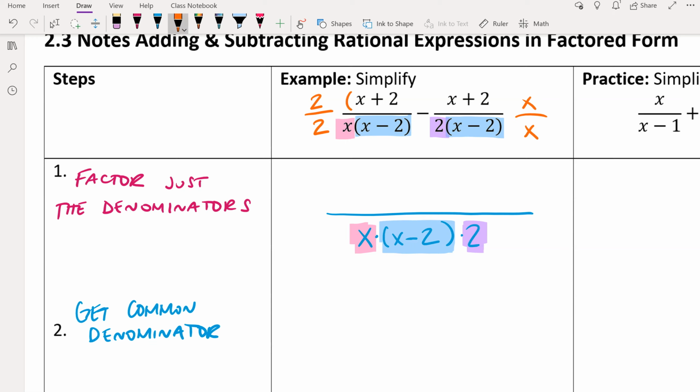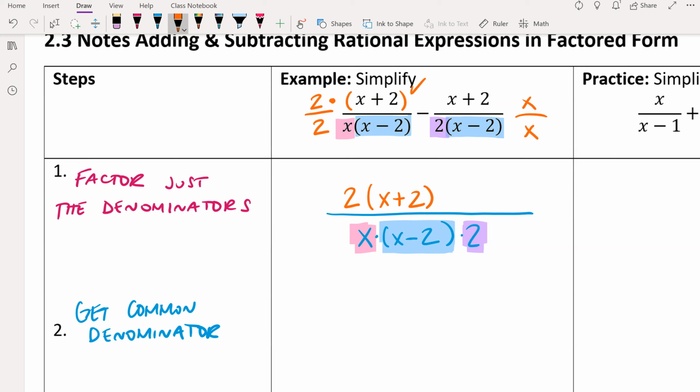And remember, you need to distribute in the numerator. And we're only going to focus on the numerator because we already wrote our common denominator down here. We don't need to worry about doing this multiplication in the denominator. We already did that when we did this first step down here. Okay, so let's multiply in the numerator. Let's just write it exactly how we see it next to the x plus 2. So what do I mean? I'm going to write 2 and then parentheses x plus 2.